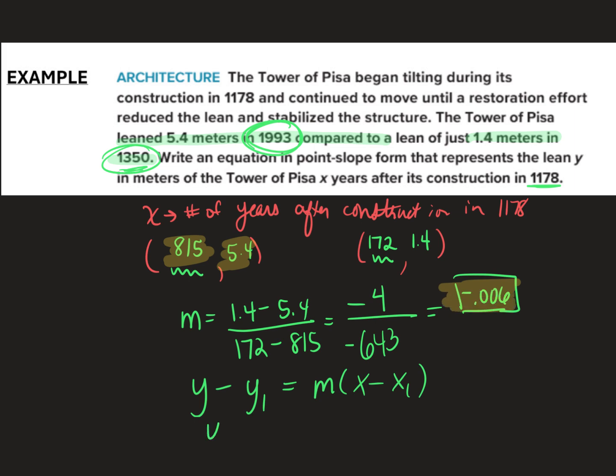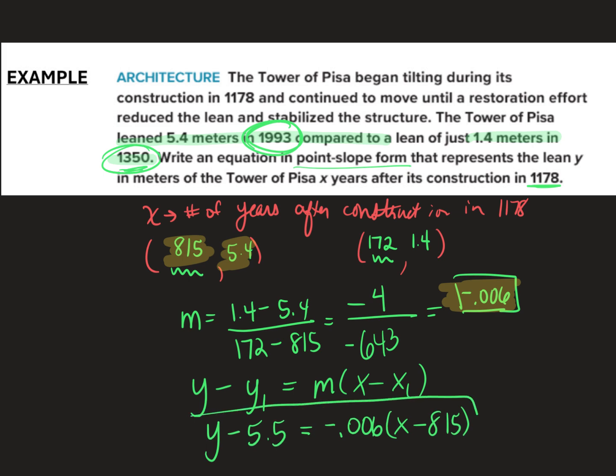So my answer is going to be y minus y1 equals m times x minus x1. And it said write the equation in point slope form, and this is point slope form. Our tendency is to want to distribute and get rid of those parentheses, but it did say write it in point slope form, so that would be our answer.